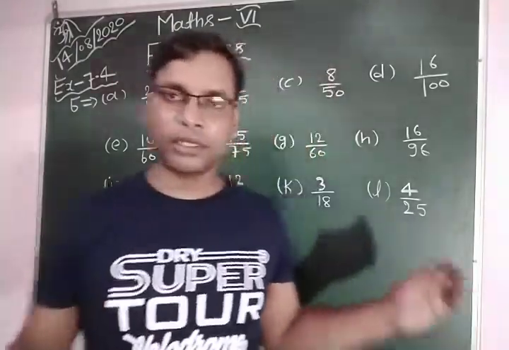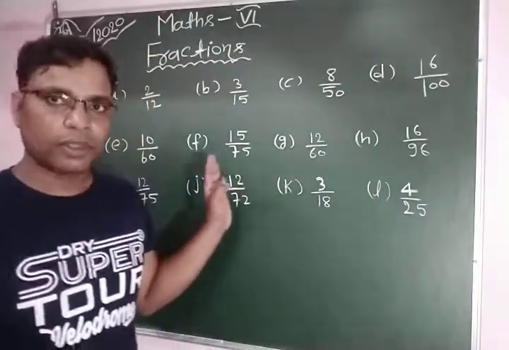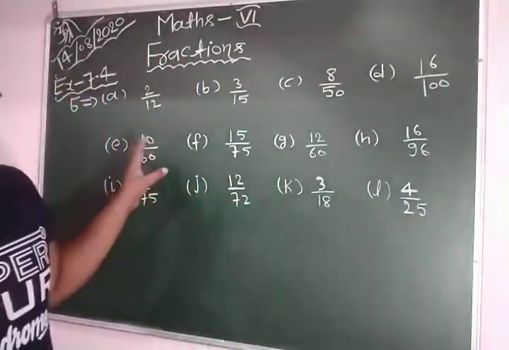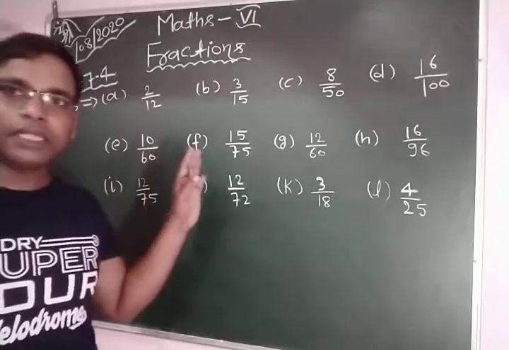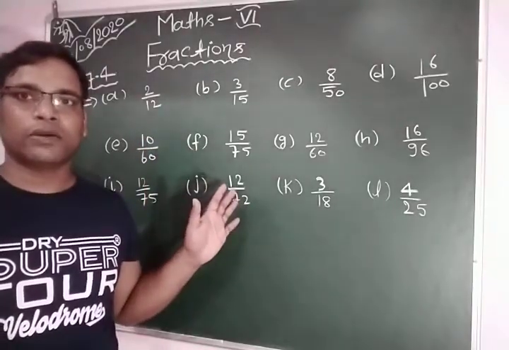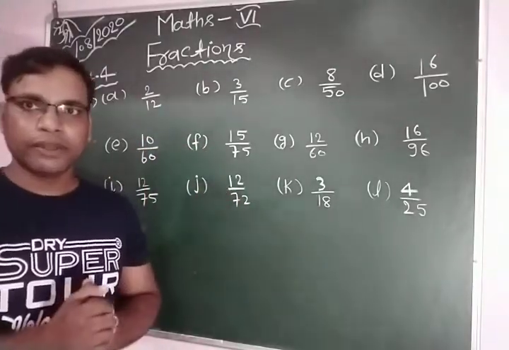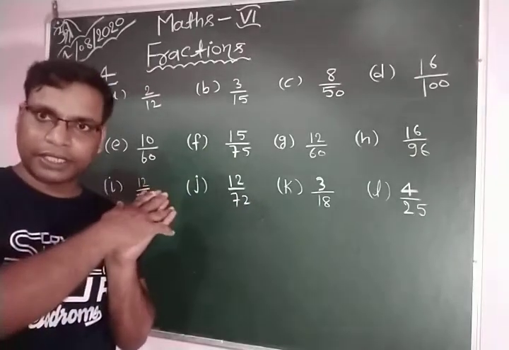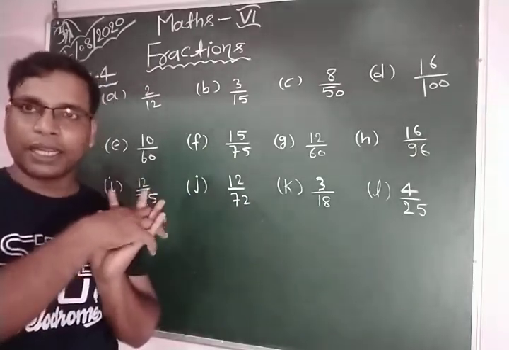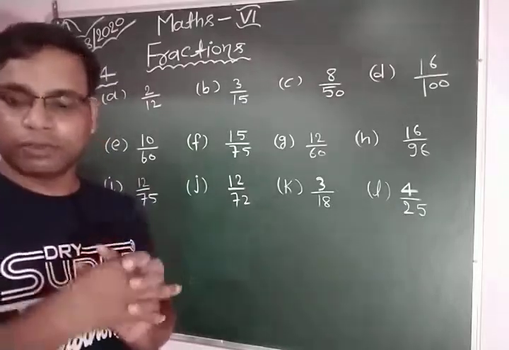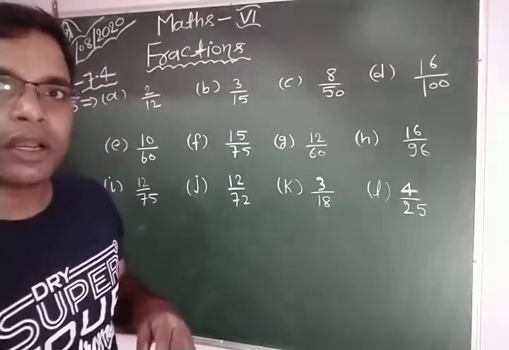Okay, so these are the numbers. You can see these are fractions. There are only three groups, three different numbers. So we need to simplify them and separate them into three groups. Let's see how to do it.